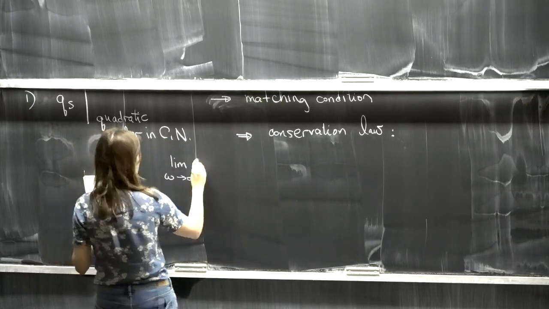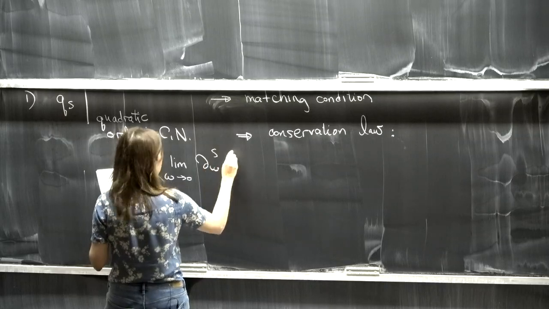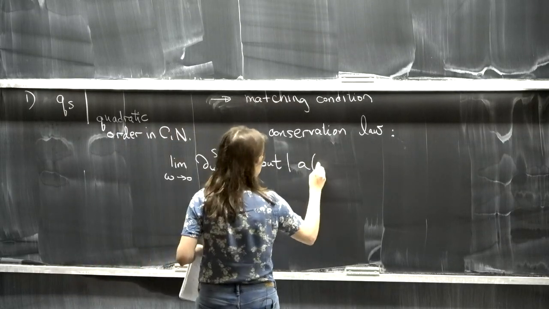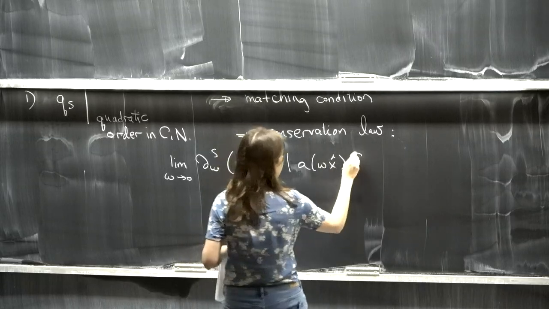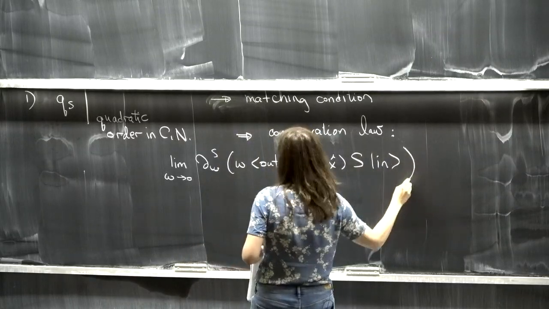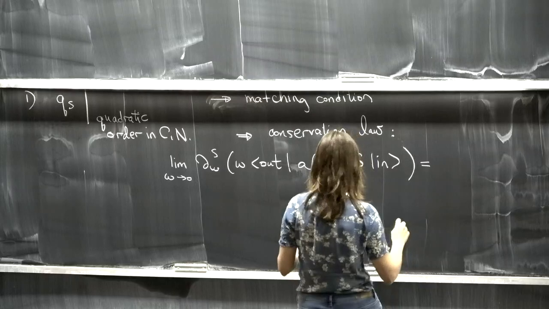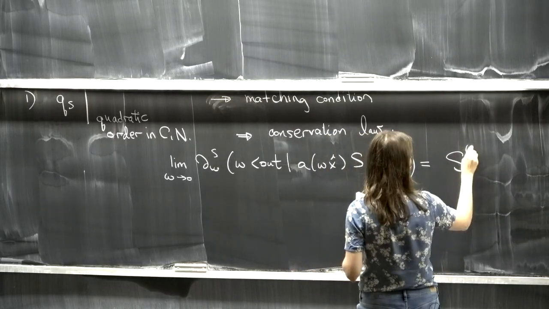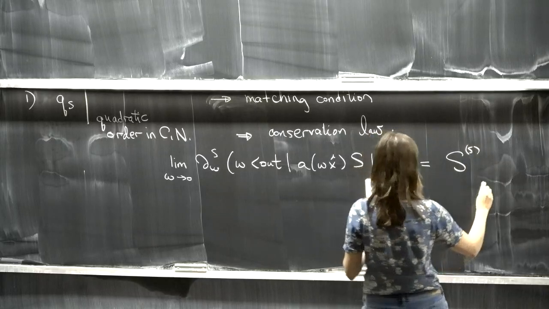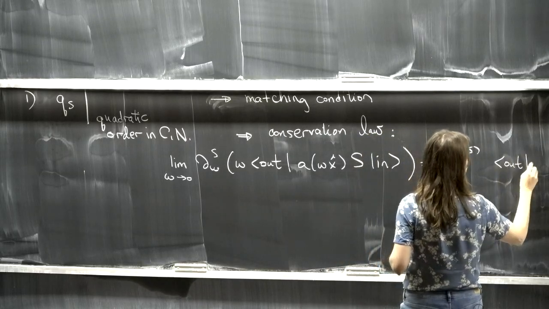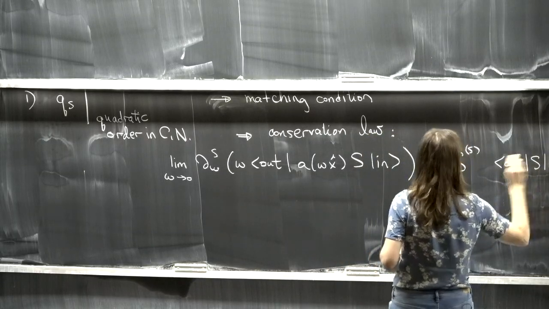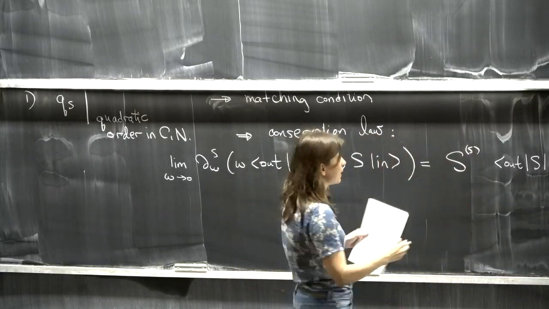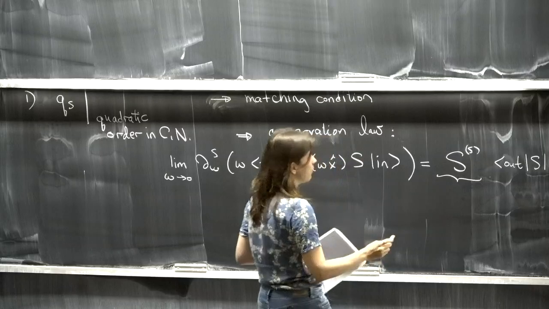Limit as omega goes to 0 of d omega to the s omega, out a omega x hat x in, is equal to, again, some s out, s equal to in. For higher s, this factor is increasingly complicated, but one can write it down very explicitly.